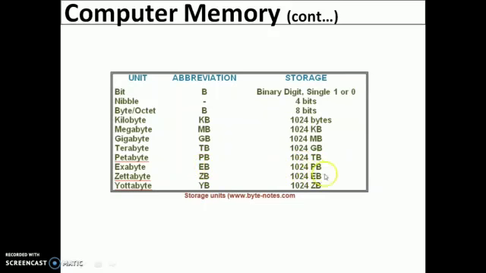In the same way, 1024 exabytes is 1 zettabyte, and 1024 zettabytes is 1 yottabyte.